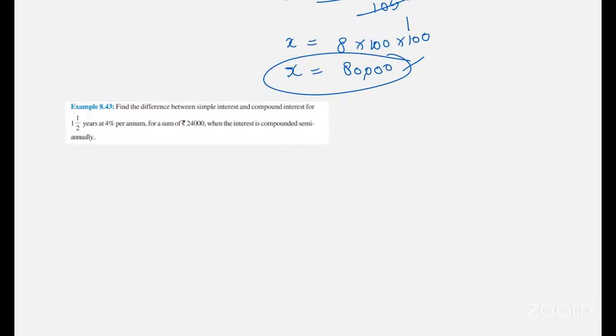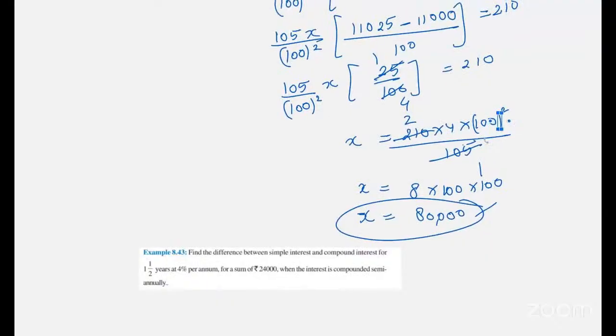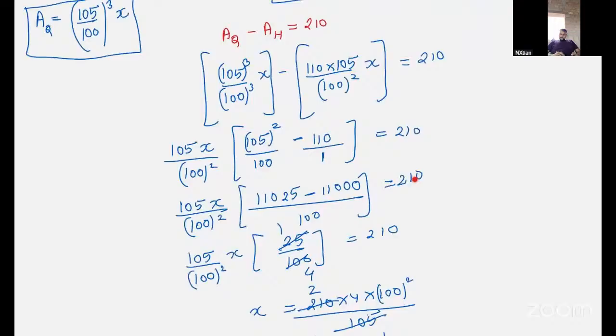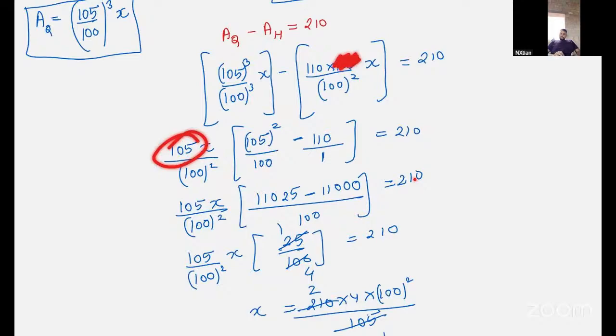So I have a question, can I ask? Yes. How did 105 square by 100, then minus 110 by 1, come? Okay, 105 was a common factor, no? So out of this, 105 is gone for common.